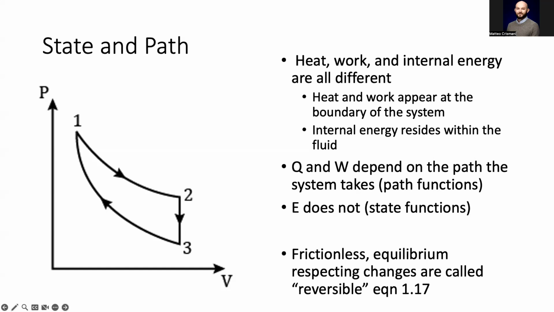Okay? They all have different meanings, right? So we wrote up here heat, work, internal energy. And we're going to demonstrate how those are different. Okay? So let's think about W and Q. As I go from 1 to 2 to 3, I'm going to be changing different things.